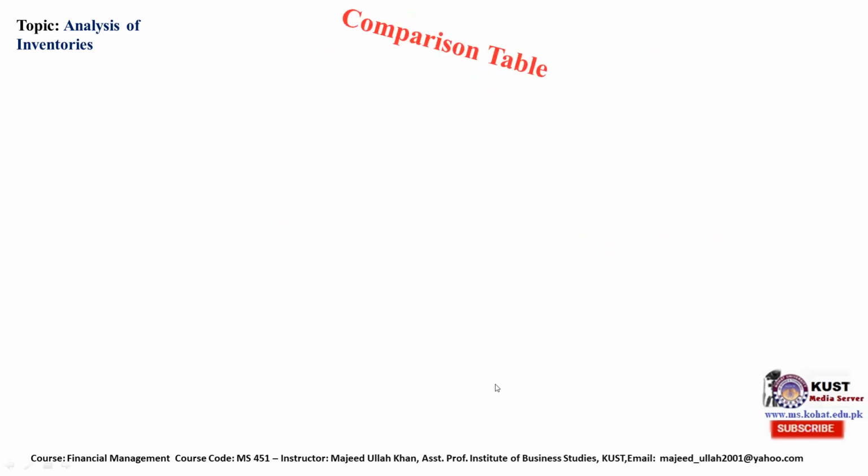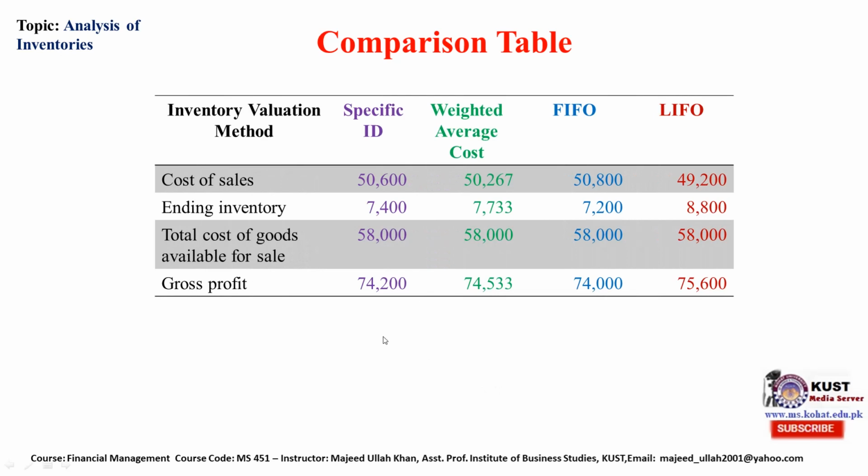So summary of the comparison table, since there are declining prices. Cost of sale under specific identification, weighted average, FIFO and LIFO is about 50.6 million, 50.267 million, 50.8 million, and 49.2 million. Ending inventory 7.4 million, 7.7 million, 7.2 million, and 8.8 million under LIFO method.